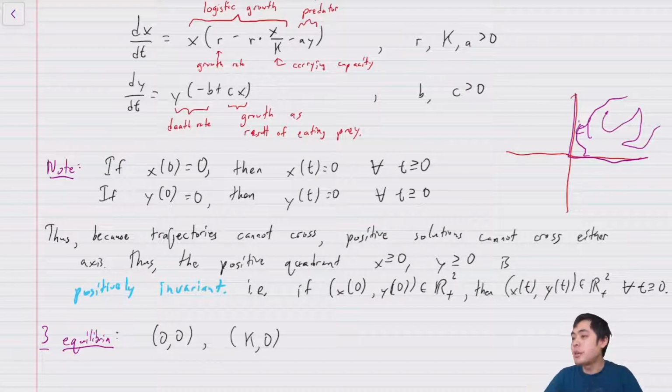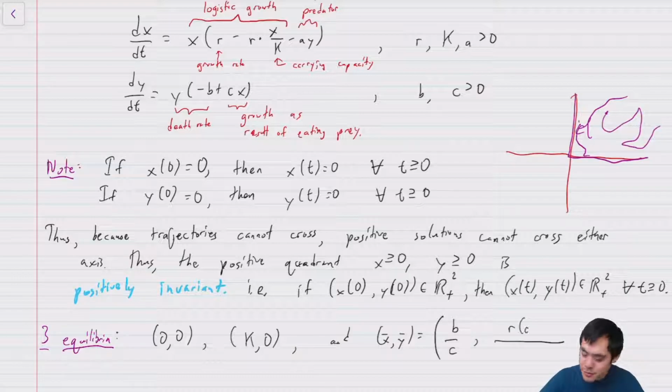Note that these are the same equilibria that you get from the logistic equation for prey growth if you don't have any predators. And let's define another one, x bar, y bar, which is the more interesting non-trivial equilibrium: b over c, times r times the quantity ck minus b, over ack.